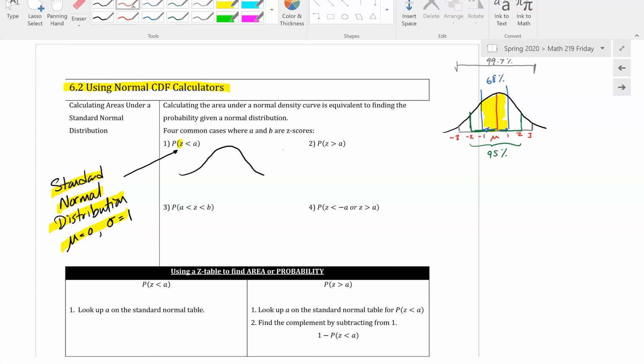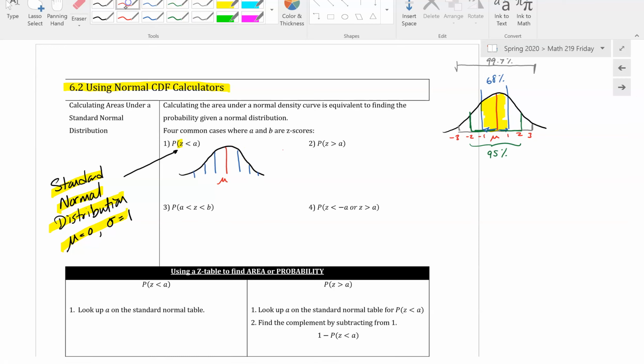So basically, here are the scenarios. We maybe want to be looking for all z-scores left of some number a. So again, if you think about it, we've got our mean right in the middle, okay? And then you've got a bunch of standard deviations to the right and to the left.